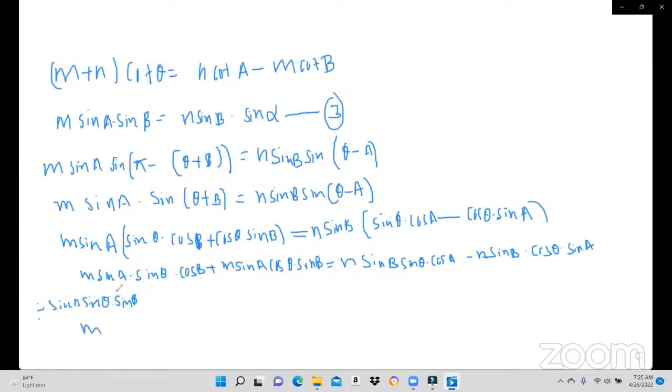So m is remaining, m sin A is getting cancelled, sin theta also getting cancelled, but cos B divided by sin B is cot B, m cot B, plus m is remaining, sin A getting cancelled, cos theta over sin theta is cot theta, and sin B is getting cancelled, m cot theta, equals n is remaining, n sin B divided by sin B is getting cancelled, sin theta also getting cancelled, cos A divided by sin A is cot A, n cot A, minus n is remaining, sin B is getting cancelled, cos theta divided by sin theta is cot theta, sin A also getting cancelled.